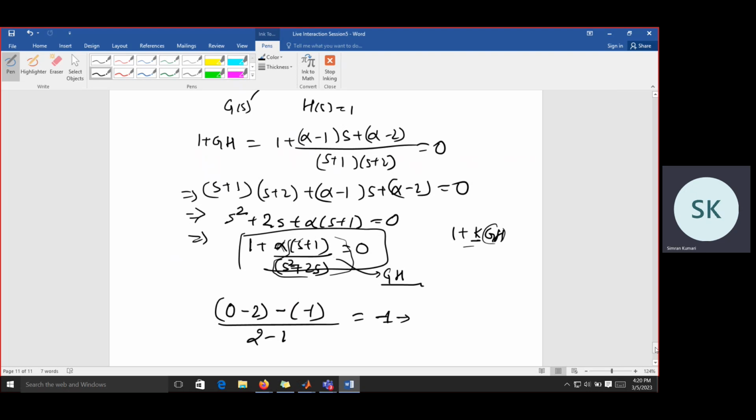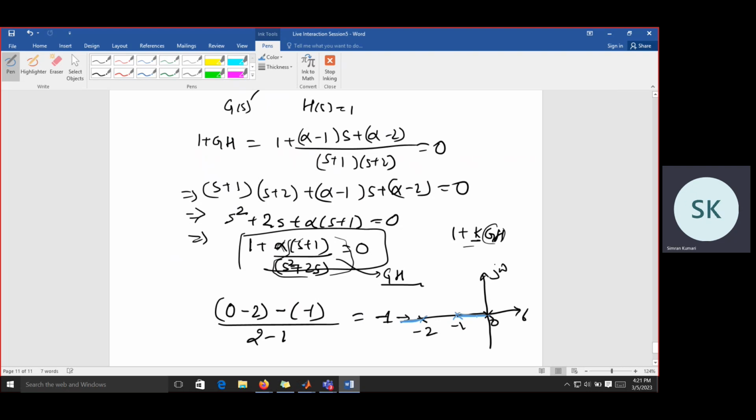Correspondingly, we can also plot the root locus of this one. This is sigma and j omega. We have one pole at s equal to 0, one pole at -2, and one zero at -1. So this part of the axis would be in the root locus, and this would also be in the root locus.